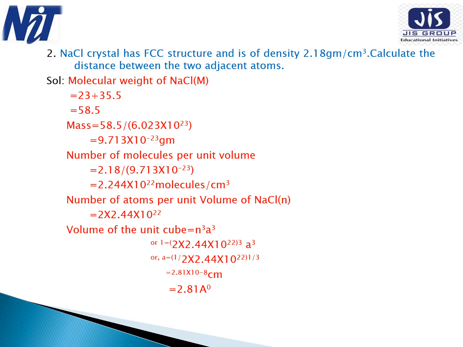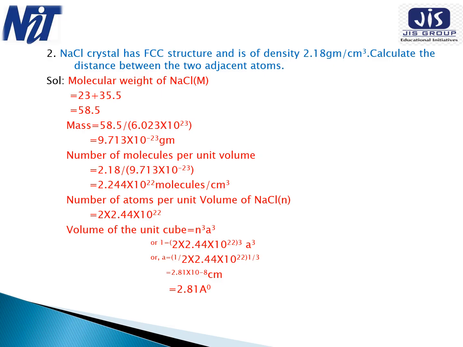Now the mass of a single molecule of sodium chloride will be the molecular weight of sodium chloride divided by Avogadro number. So here the molecular weight of sodium chloride is 58.5 gram per mole divided by 6.023 into 10 power 23 per mole.